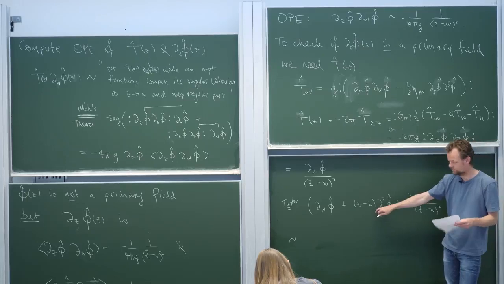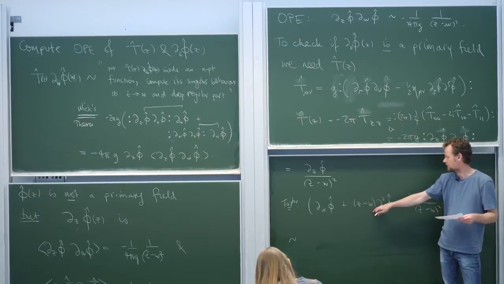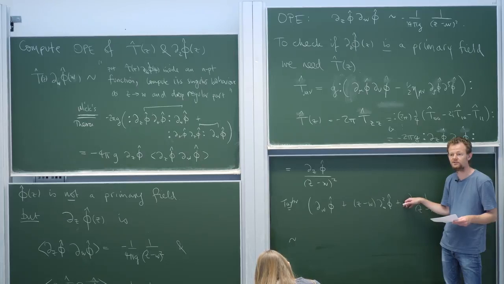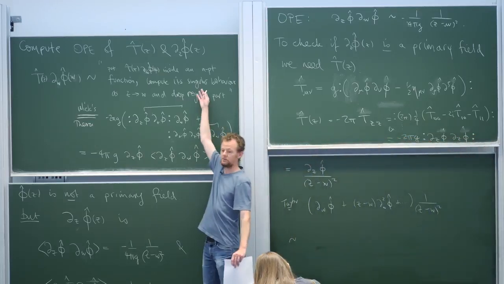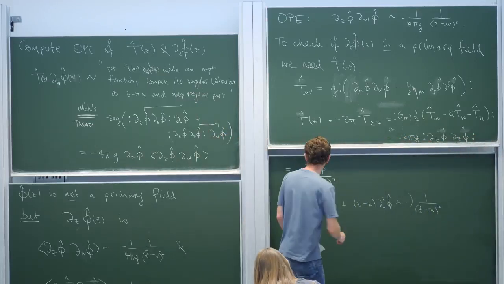The higher terms here are regular, they no longer depend singularly on the separation but regularly on the separation, so they get neglected when we use this notation. So we're just left with two terms.